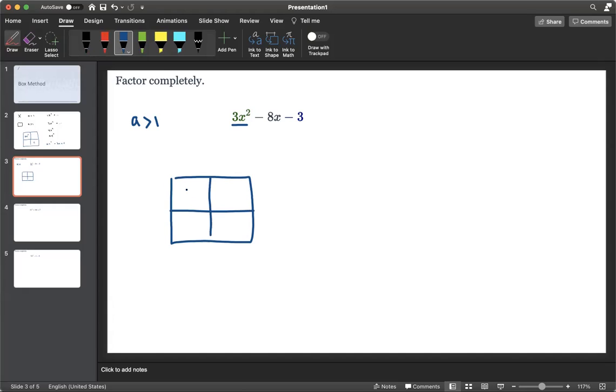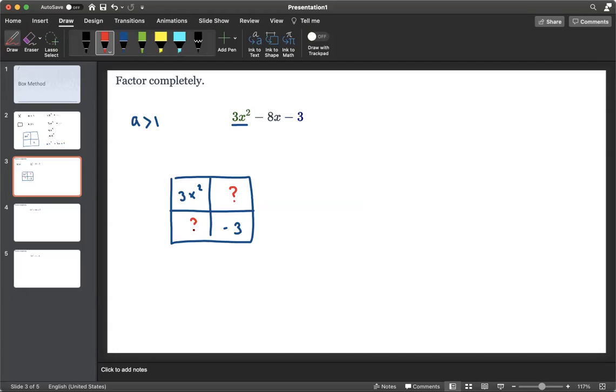Up here, we're going to put ax squared, so that comes out to 3x squared. And in our bottom right corner, we put c. That is a -3.